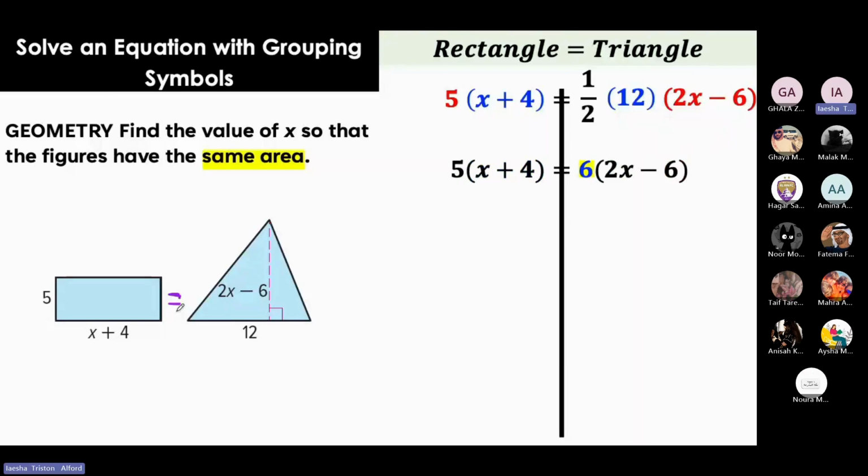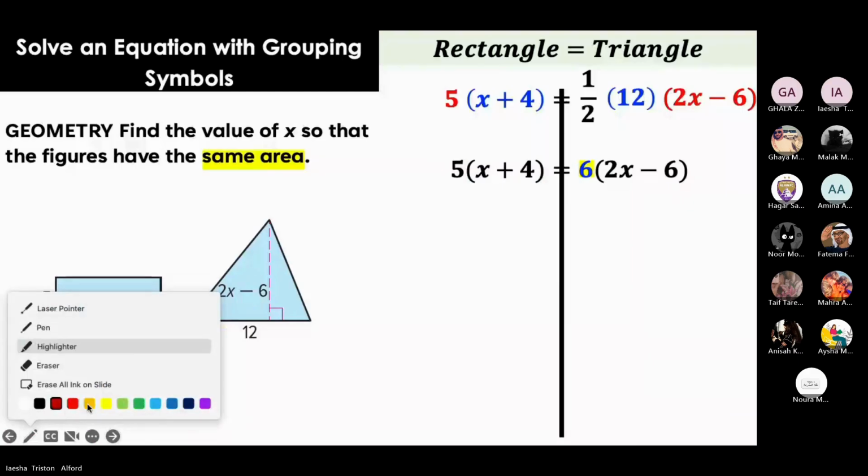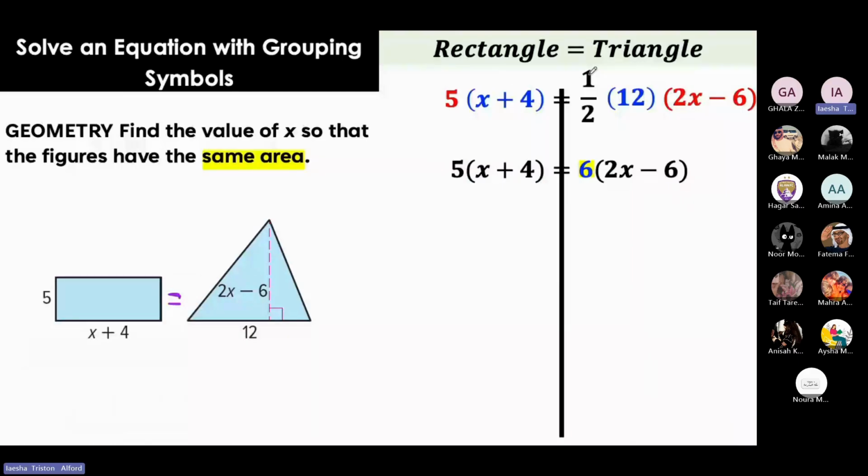Sorry, what's happened here? This part, let me get the highlighter. From here, you need to do this part first in the calculator. 1/2 multiplied by 12 gives you positive 6. After you get positive 6 here, this side you have to keep it down.